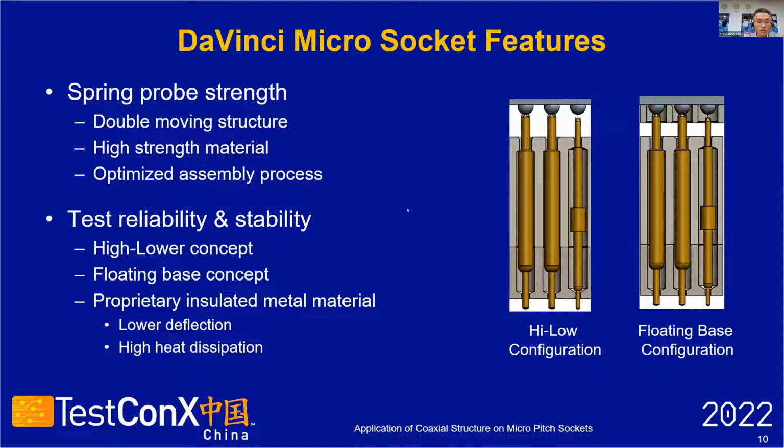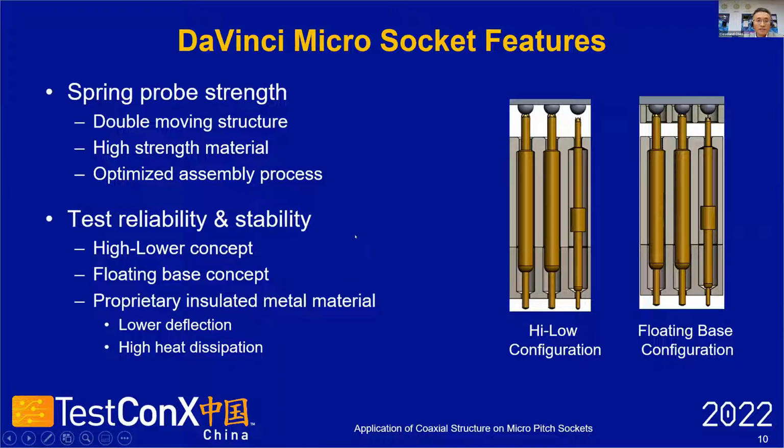So how do we ensure the pin has reasonable strength for high volume device production test? We have special features like a double moving structure design, selecting high rigid, high strength material, optimizing the assembly process, installing it with a plastic ring, etc.